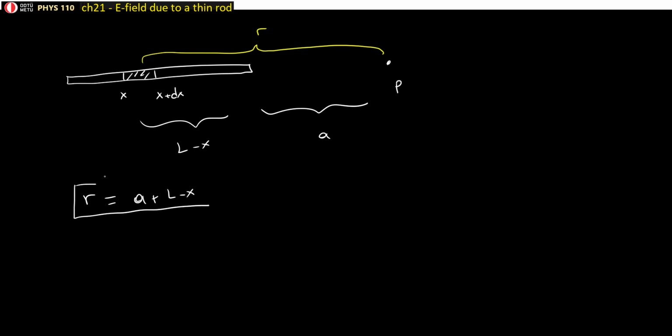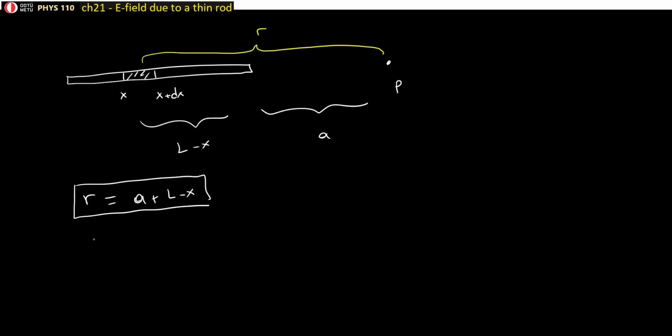Okay, this is one of the variables. Basically, I express every quantity in terms of my variable coordinate and in terms of the other constants in here. So the distance of the charge to the point is a variable. I express it in terms of my coordinate, in that case, x.